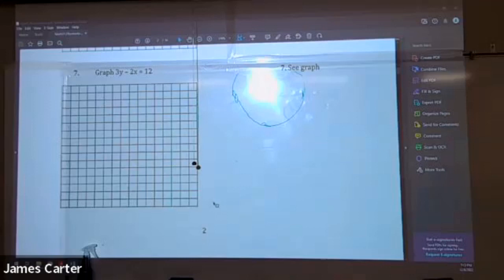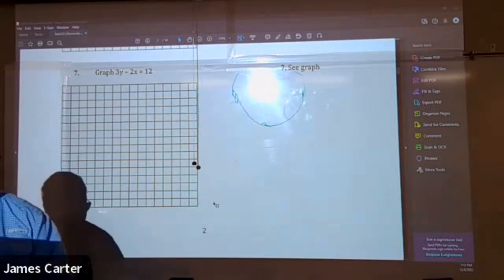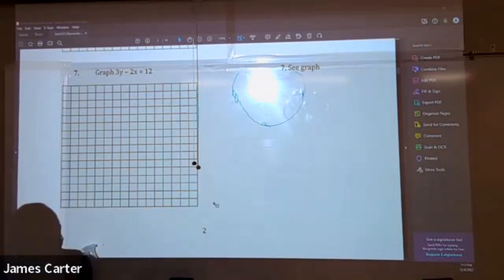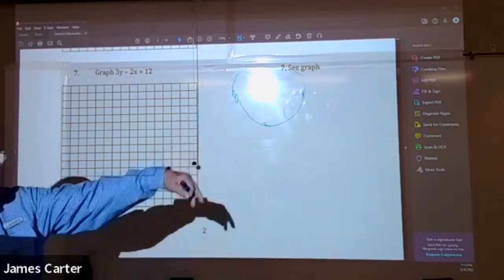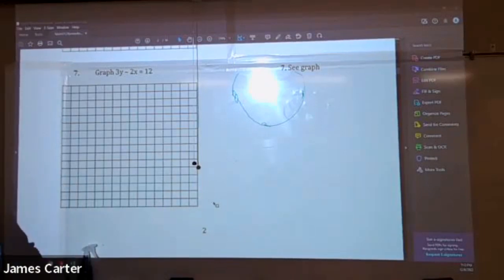The problem was in the middle of the hot spot. She couldn't read it. Well, because I raised it up and brought it closer, because I'm not going to be using that part of the board for this.